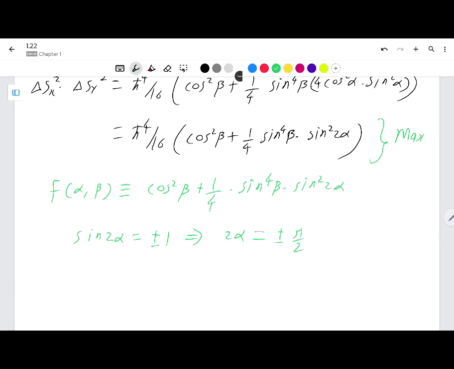This means that alpha is equal to plus or minus pi by 4. Okay, so we can fix the value of alpha, and that would give us now only a function of beta.